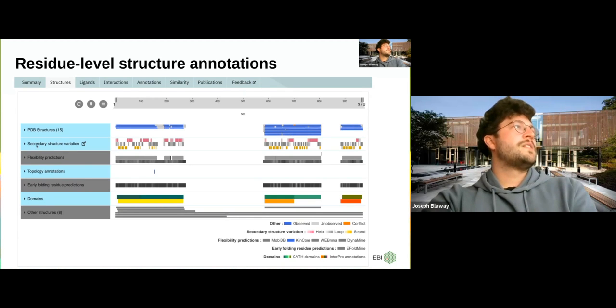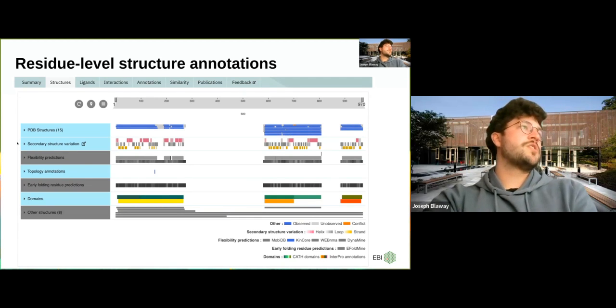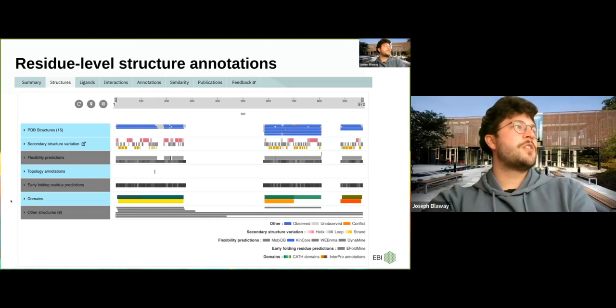We also provide things like secondary structure variation, any flexibility predictions, topological annotations, early folding residue predictions, as well as the domains, which are given to us by the InterPro annotations, as well as CATH. And then in the bottom row here, we've got other structures, and these are the 3D predicted structures from resources like AlphaFold, as well as our other 3D-Beacons network partners.